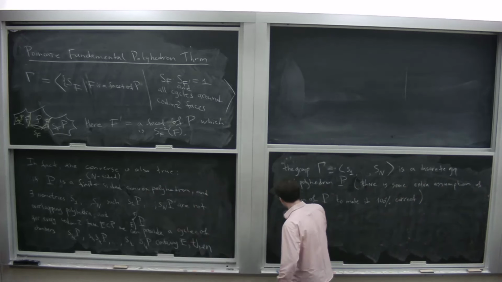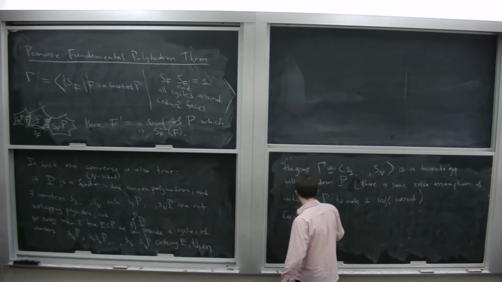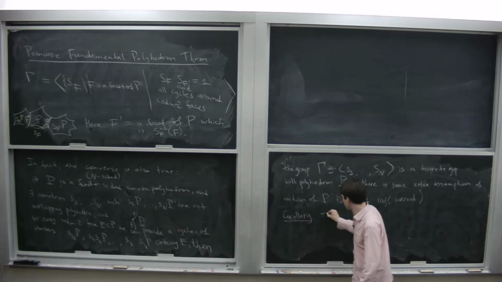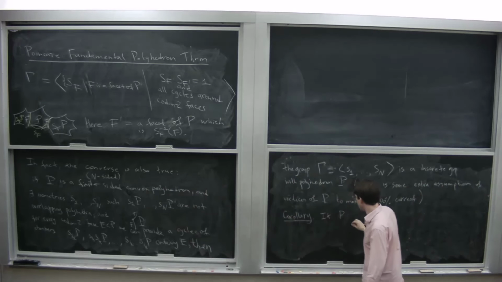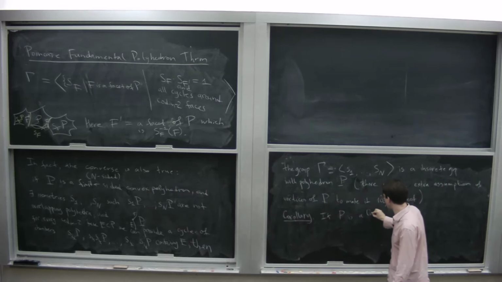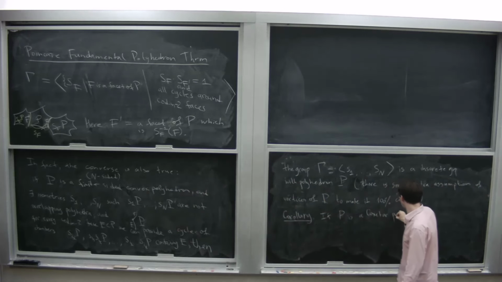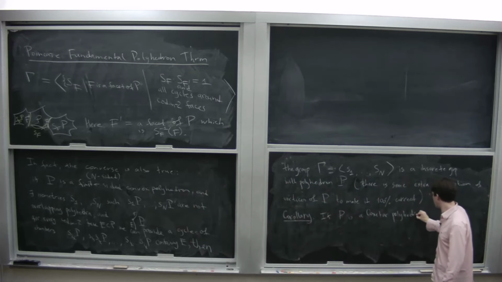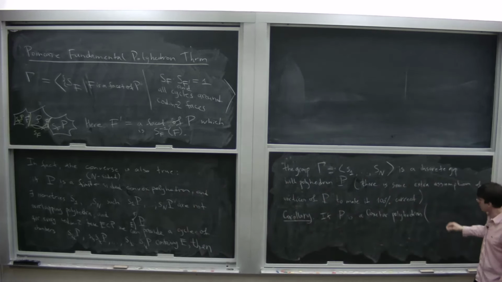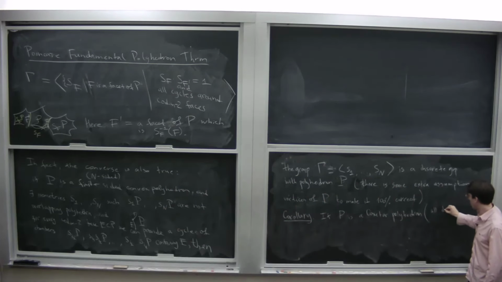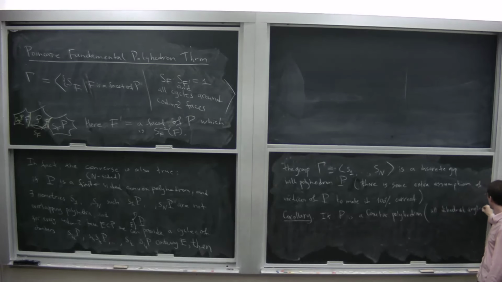So as a corollary, if P is a Coxeter polyhedron, that is, I will just remind, all dihedral angles are of the form pi over some integer m_ij.